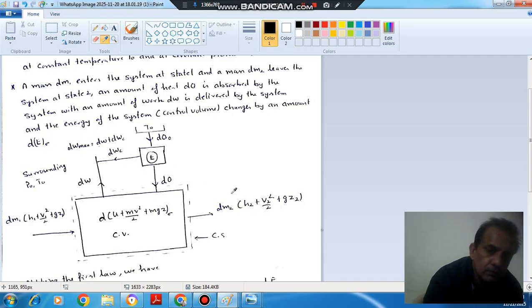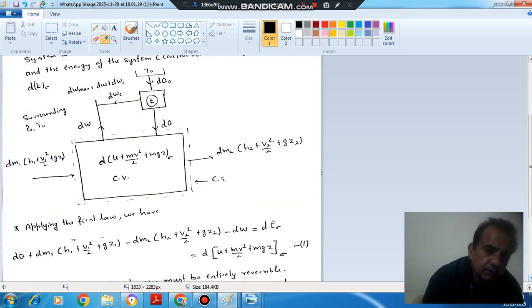Now if we apply the first law to this control volume, the energy entering the system is this heat energy, and the energy leaving the system is dm times this energy and this energy.